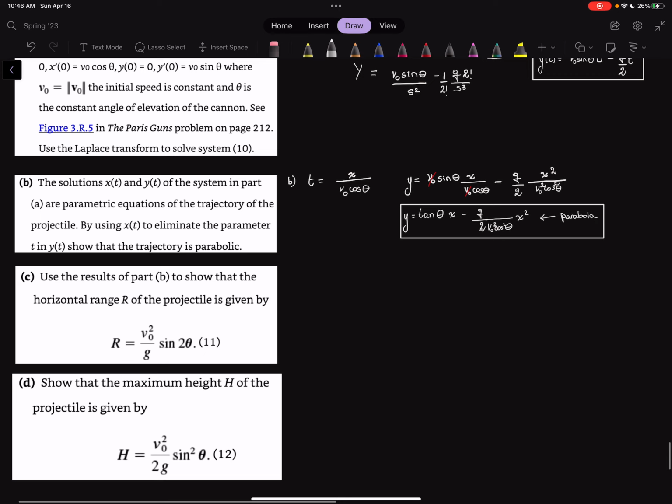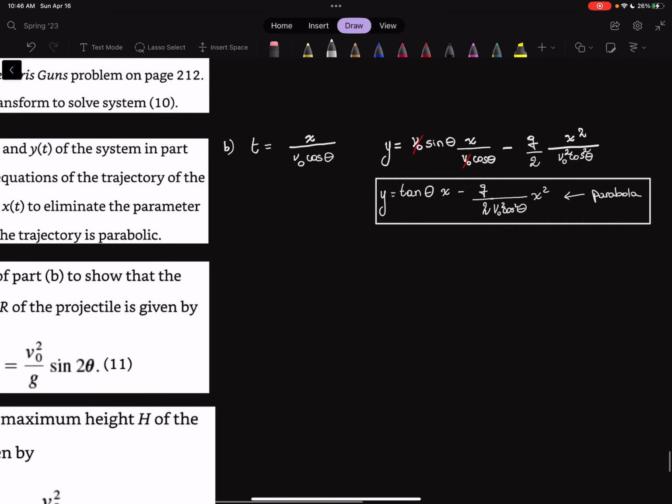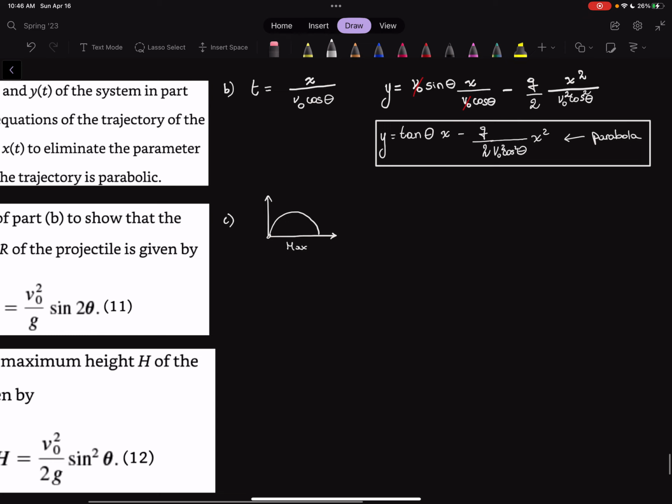Now let's go over to C. Using the results in part B, show that the horizontal range of the projectile is given by this. Well, in our model, we assumed that we start from here and that we end up at the same height, and this is going to be our max range. So our max range will happen when y is equal to 0.